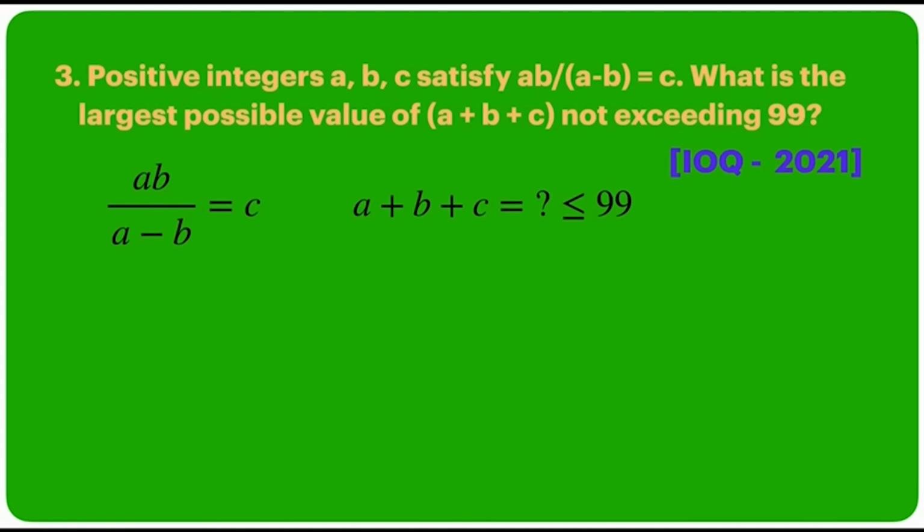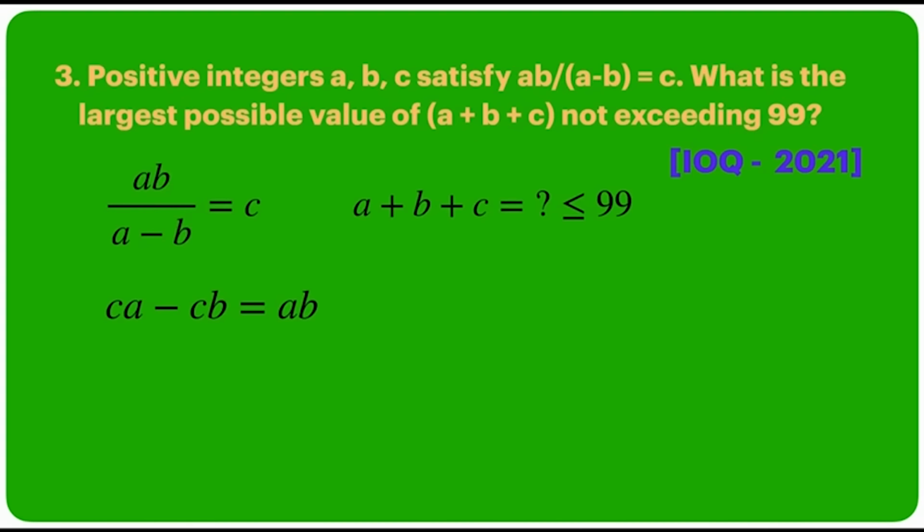and here the equation can be rewritten by cross multiplication, and we get CA minus CB equal to AB. And here also we can go for the same strategy, that is, what will be our rearrangement of the expression.